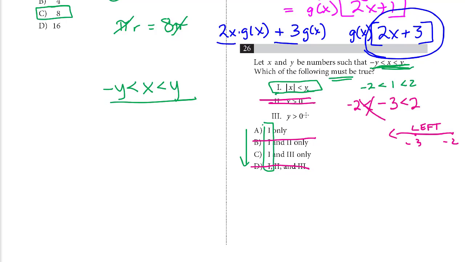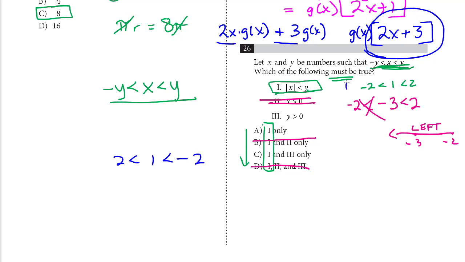Y is greater than 0. Well, our original examples kind of indicated y is greater than 0 already. So in fact, if I took the other way around, I would say y would be, say, negative. That would be negative 2 is less than 1 is greater than 2, assuming my negative y is positive 2 and my y is negative 2.